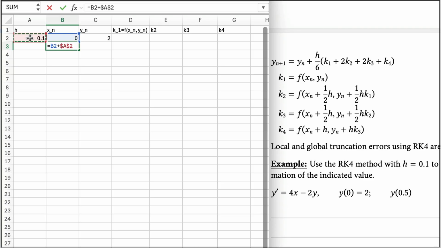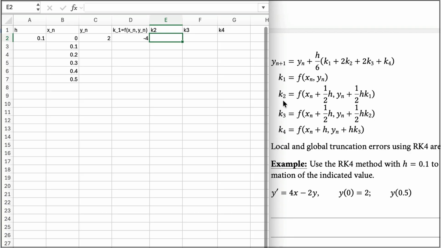We'll lock that in, absolute referencing, and then drag that formula down till we have 0.5. Now for k1, which is f of x sub n, y sub n, we have the equation here, 4x minus 2y. So that's going to equal 4 times x minus 2 times y.